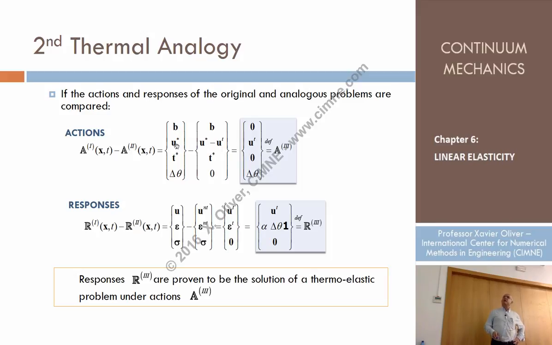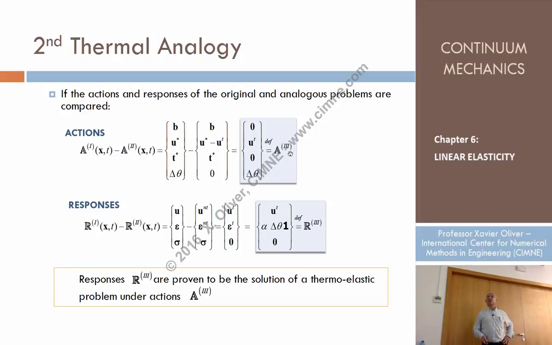Here they were U star, here the prescriptions were U star minus U thermal, so the difference is U thermal. In terms of the tractions, prescribed tractions, I haven't done any change. And in terms of temperature, here there was temperature, here is not. So the difference is delta T. That is what we call the difference of actions 1 minus action 2 is what we call action 3.